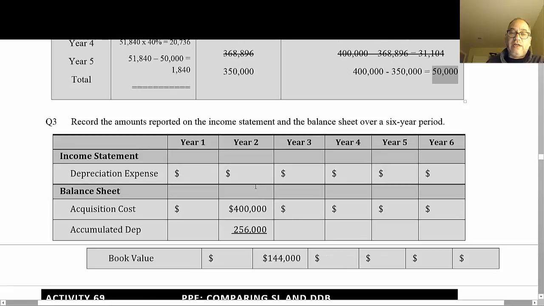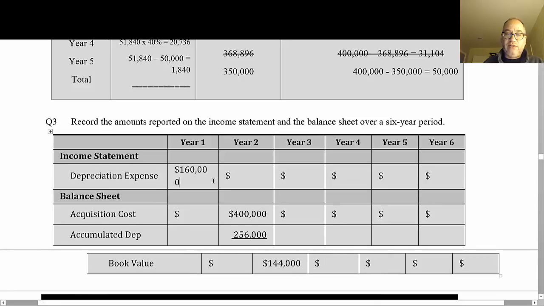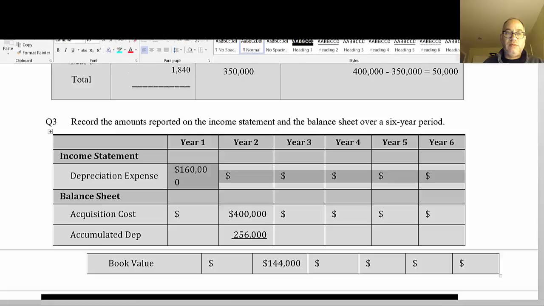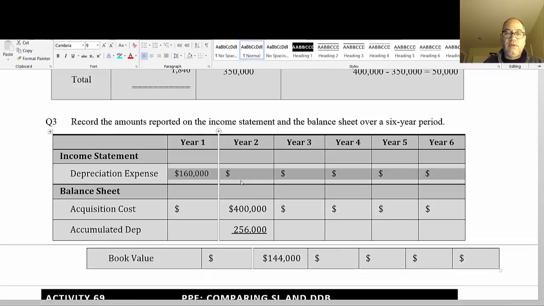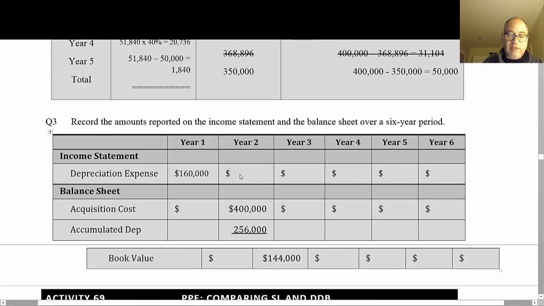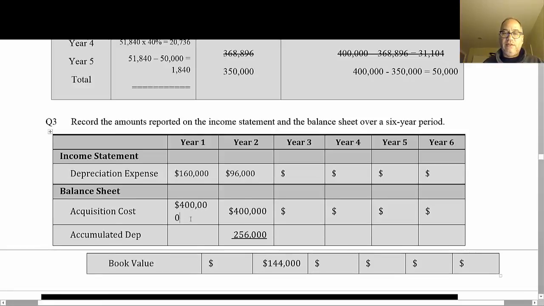So to work out this chart again, my depreciation in year one was a whopping $160,000. My balance sheet acquisition cost would be 400,000.